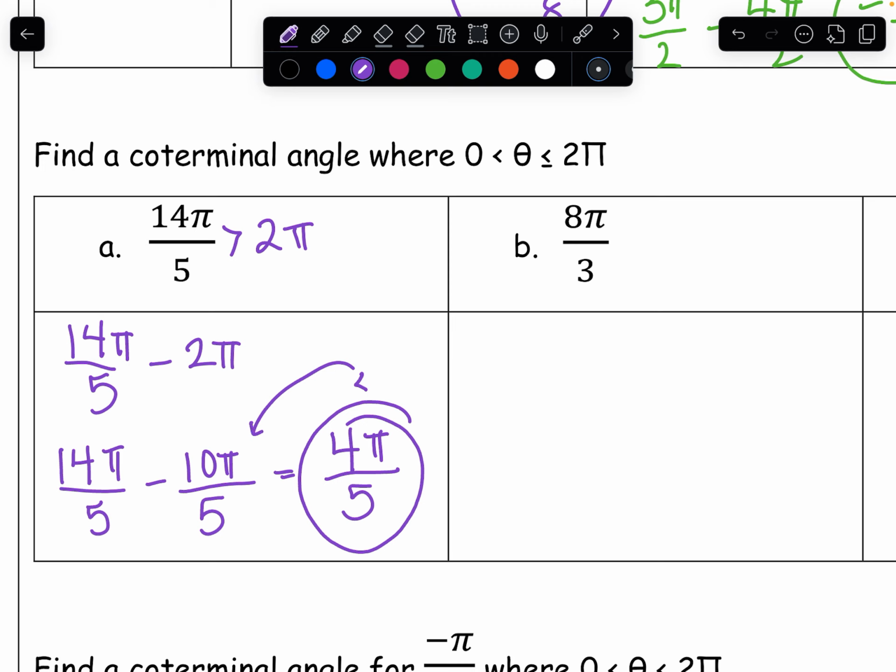So we're good there. B, this is still greater than 2 pi because that would be equivalent to 6 pi over 3. And so what that means is we're going to take 8 pi over 3 and subtract 6 pi over 3, which will give us 2 pi over 3.